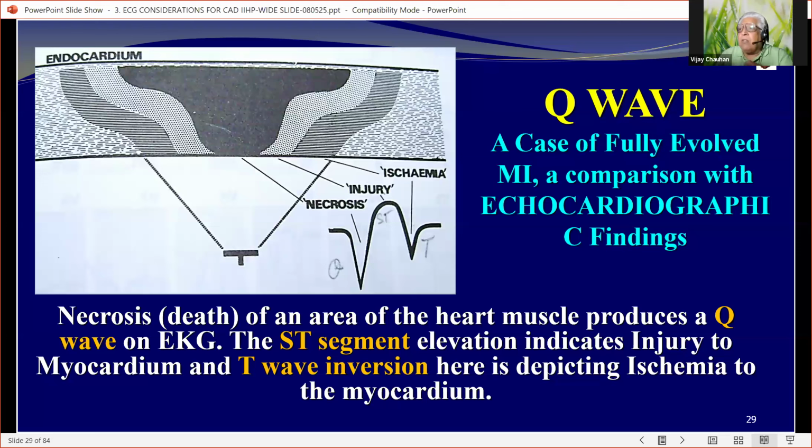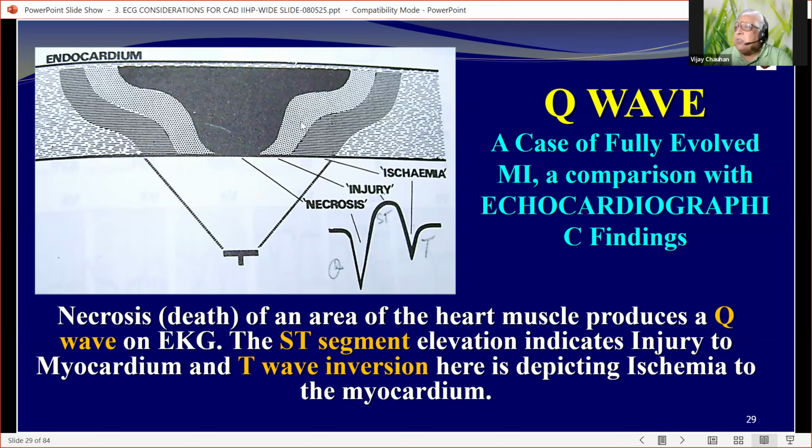There will be a lot of pain also, so symptoms will be there, but in certain situations symptoms may not be there, but your ECG will be there to understand inside what is happening. So this wave, Q wave, shows the death of the myocardium.